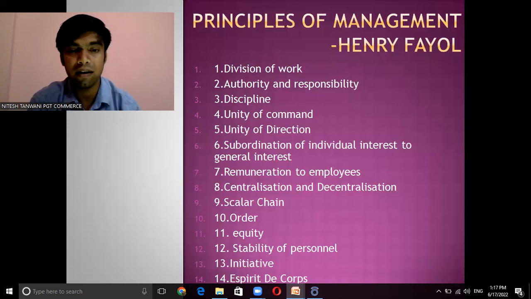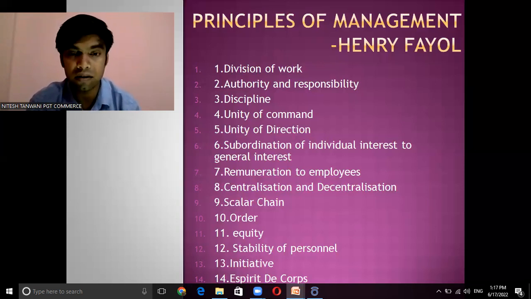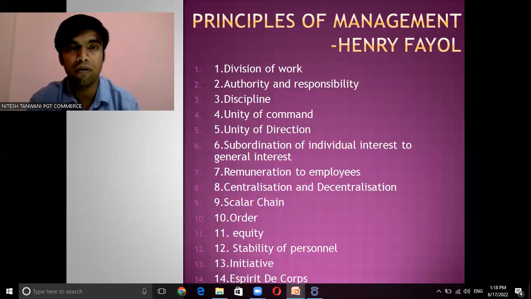Stability of personnel. Personnel means workers, employees. Here it is not personal, it's personnel. Stability of personnel means keep them stable. If every time they are joining, then resigning, and again you are searching for new employees, new workers, and again they are working and resigning, this is not a good thing for the organization.